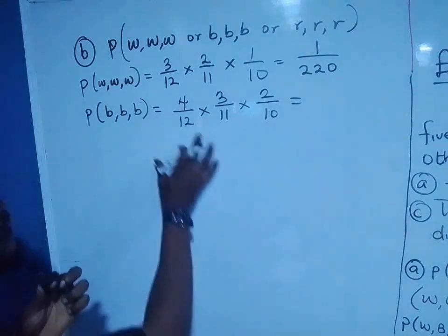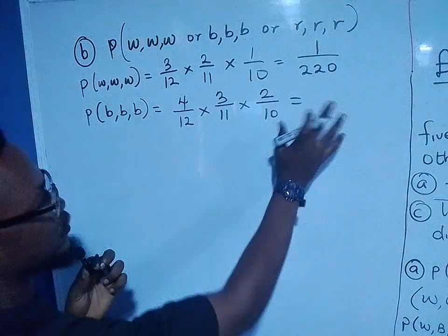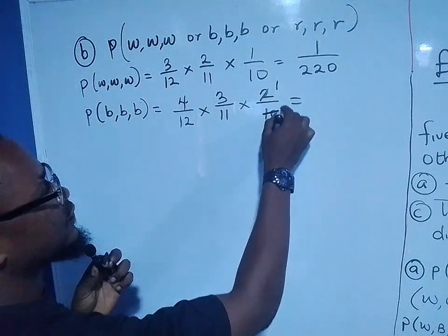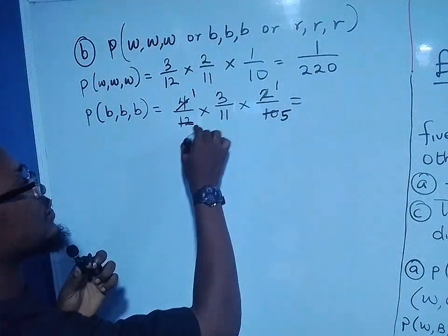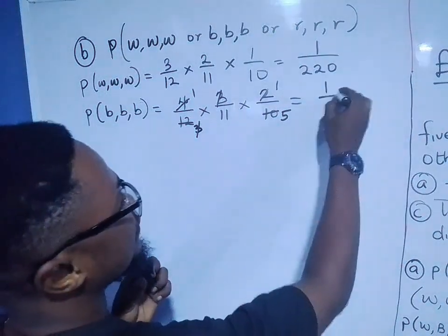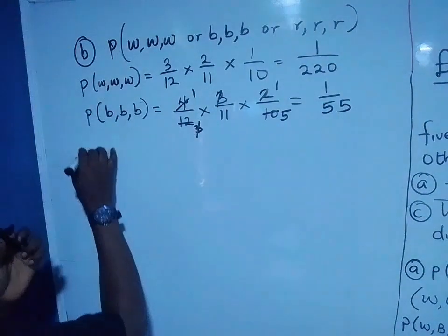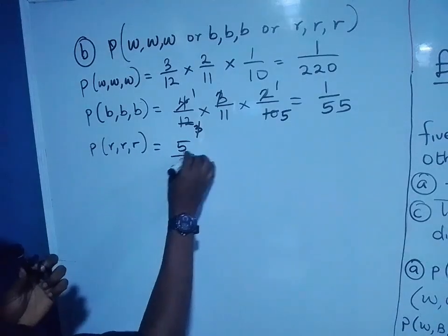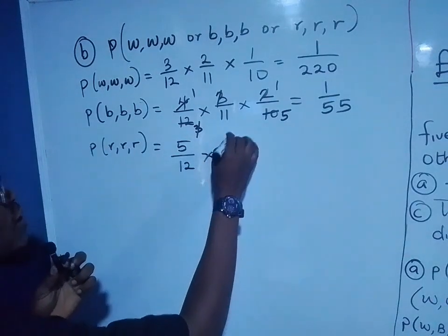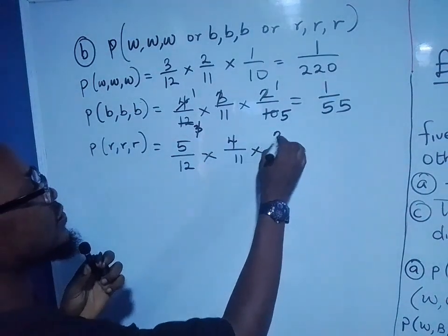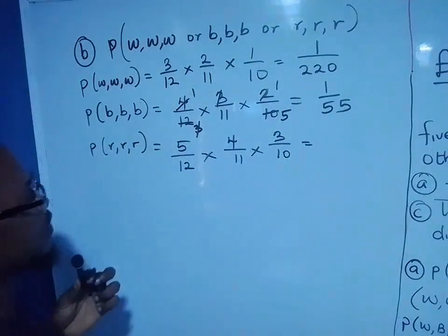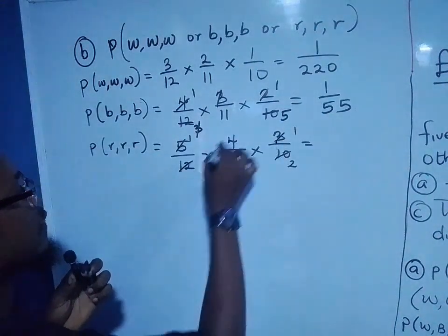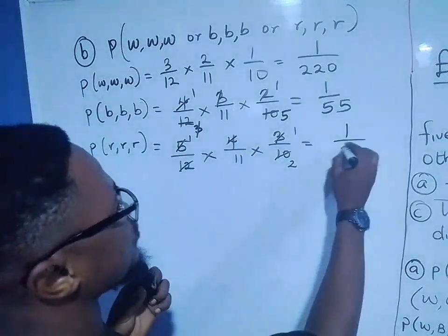So let's calculate. So 1/55, right? Then the last one is red, right? 5/12 times what? 4/11 times what? 3/10. This one cannot cancel. Okay, you can cancel here. 2, can cancel here. So that's 1/22.